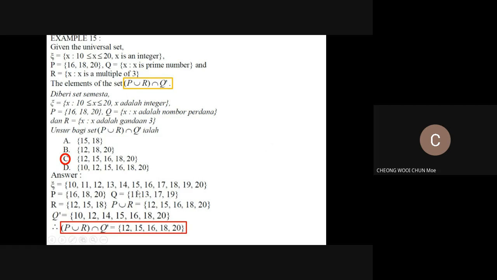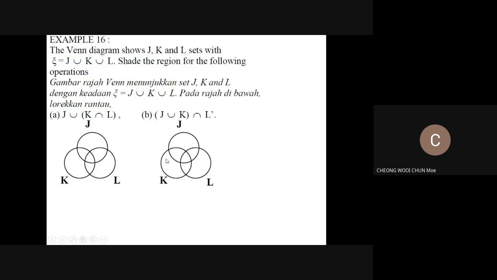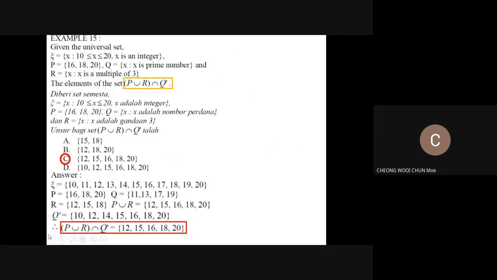Complement of Q means not inside Q, so you cut out 11, 13, 17, 19 first. This one goes inside the complement of Q: 10, 21, 14, 15, 16, 18, 20.